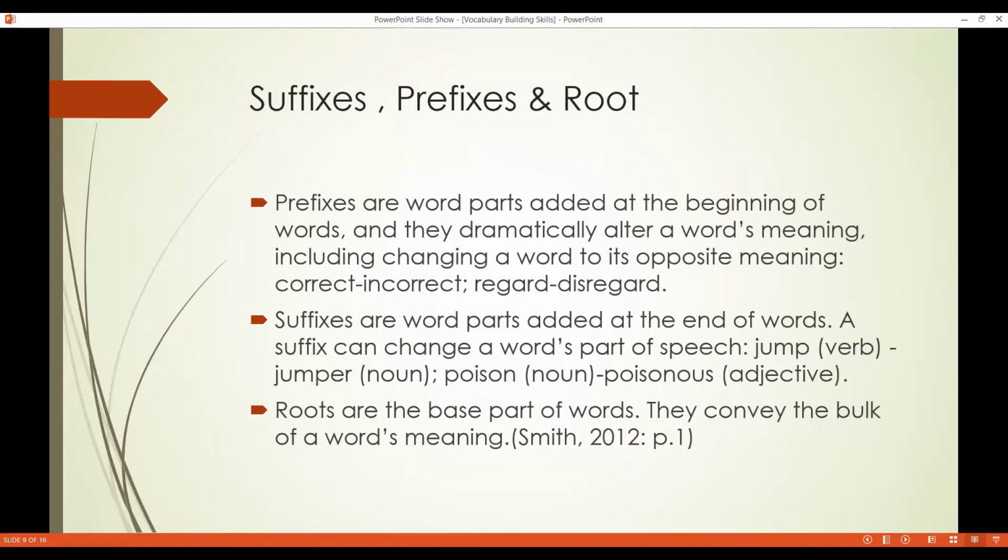Now, coming back to suffixes, prefixes, and root words. What vocabulary tasks should be structured to improve our vocabulary?